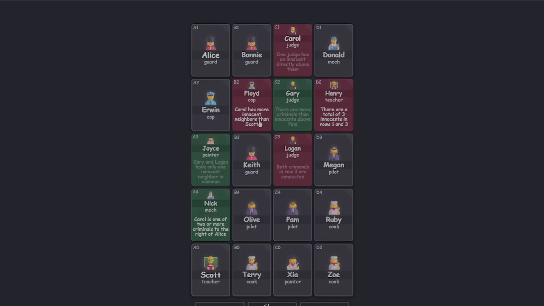So let's just look at these clues. Carol has more innocent neighbors than Scott. And there are a total of 3 innocents in rows 1 and 3. So here's one innocent. One of these is the second innocent.